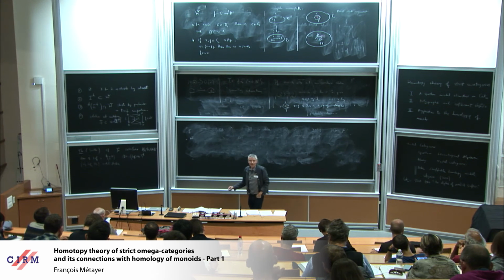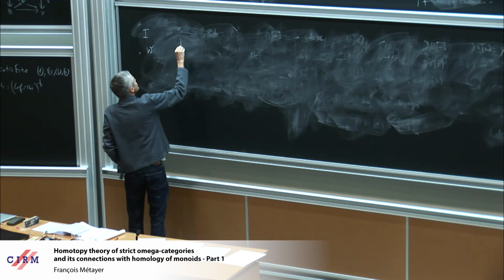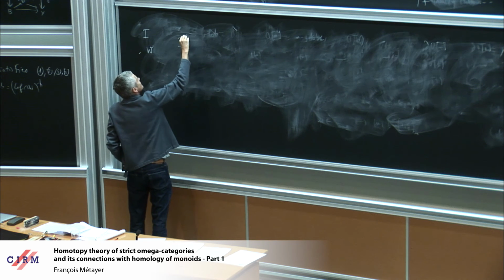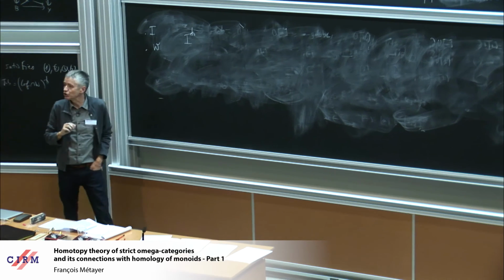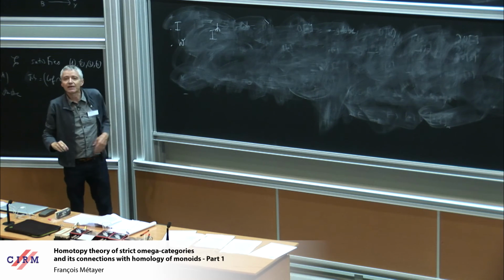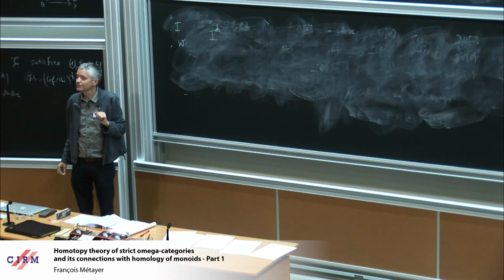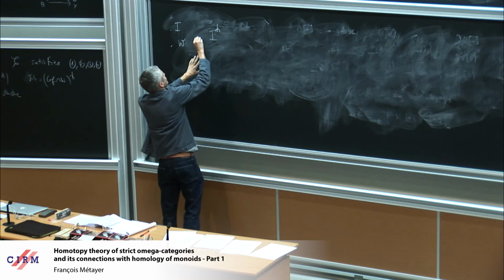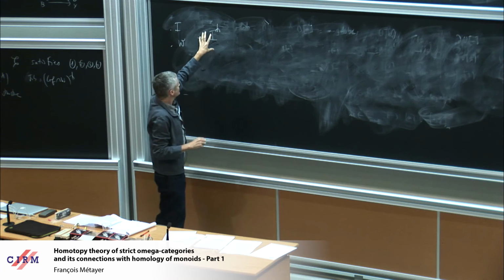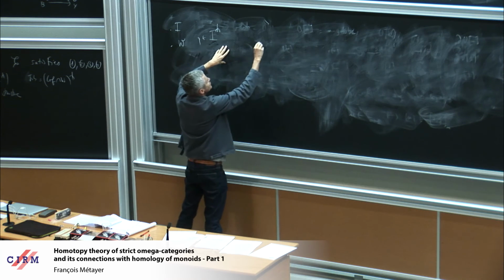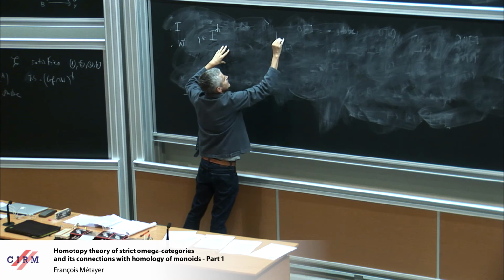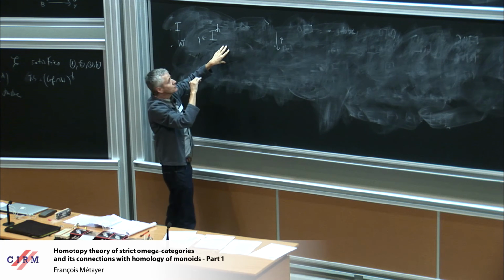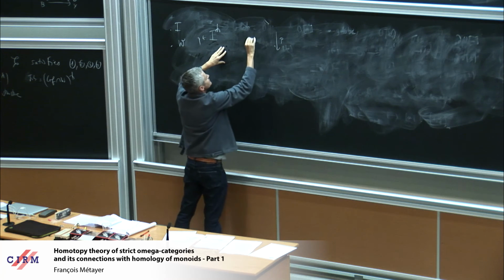Why? Because what is I inch? It's, as you said, defined by a lifting property. So what is a map in I inch? That will be our trivial fibrations. It's a map that has a right lifting property against all INs.